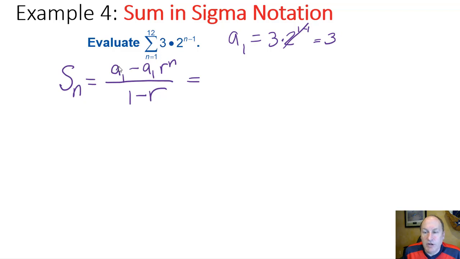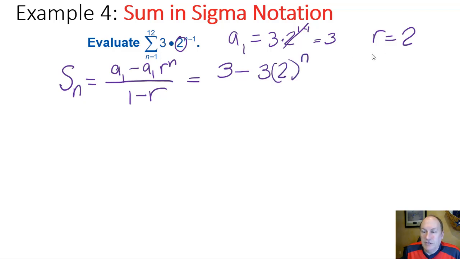So this becomes, and we know also that r equals 2 because the common ratio is the number that's being multiplied here. So this becomes a sub 1, which is 3, minus a sub 1, 3, times r to the n.